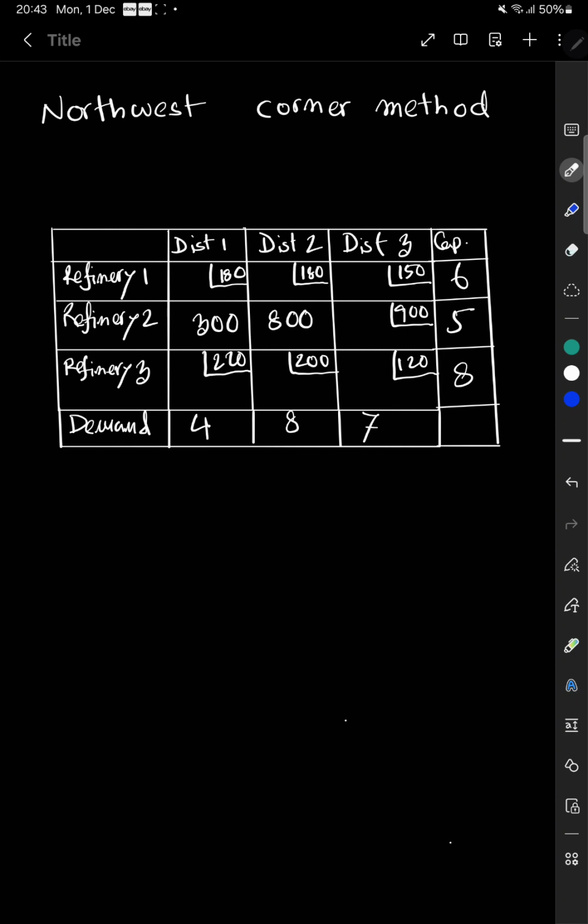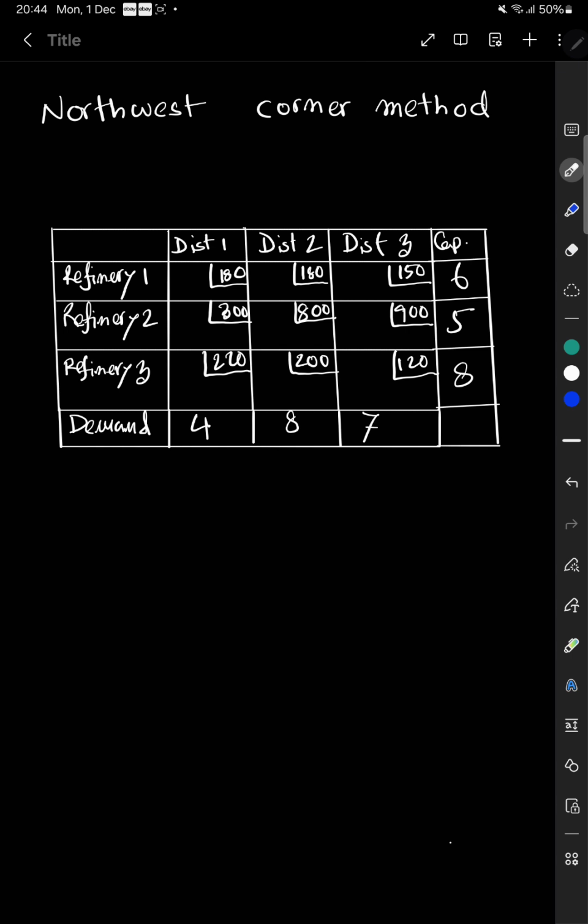Okay, then we have 300 in here, and then we have 800 in here. 800. Okay, all done.